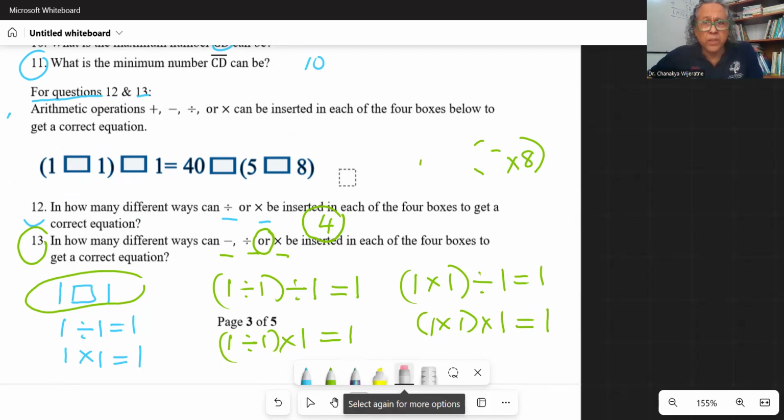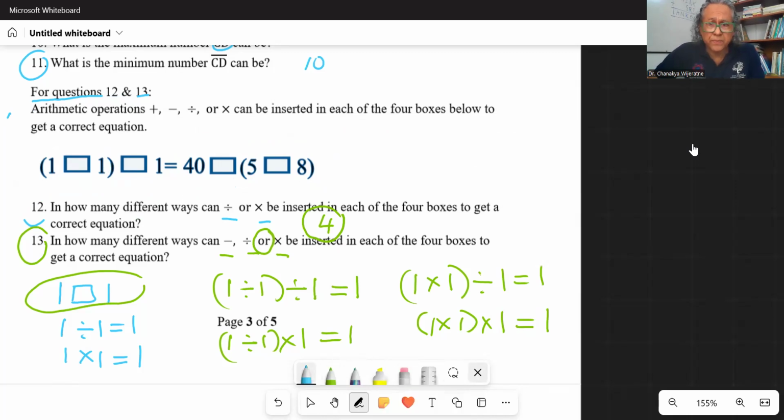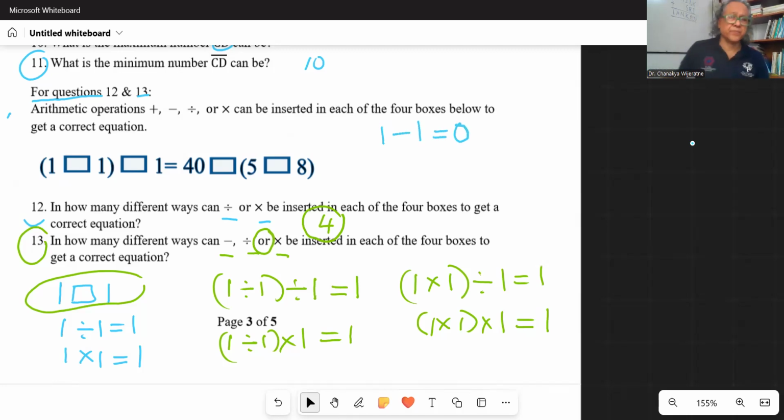Why? Because now here, if you use minus, 1 minus 1 is 0, right? And then 0 times 1 is 0, 0 divided by 1 is 0, 0 minus 1 is, of course, we don't want to think about it.